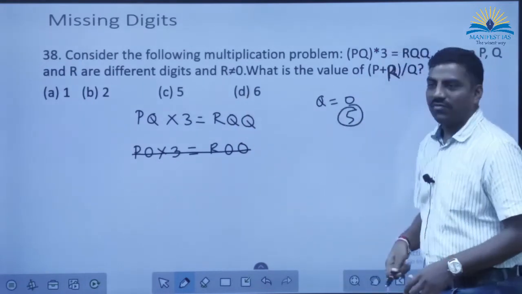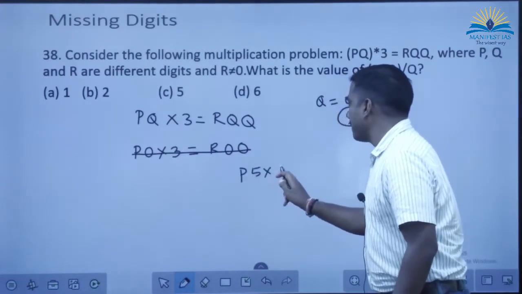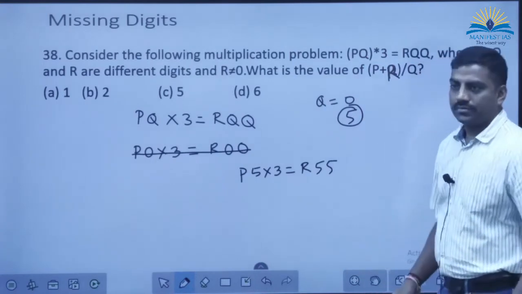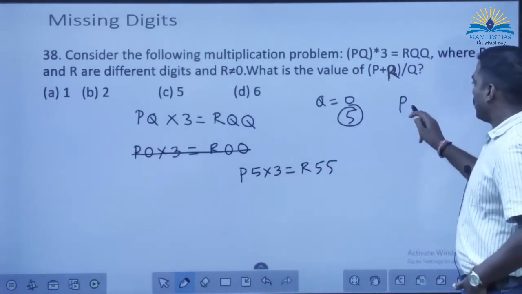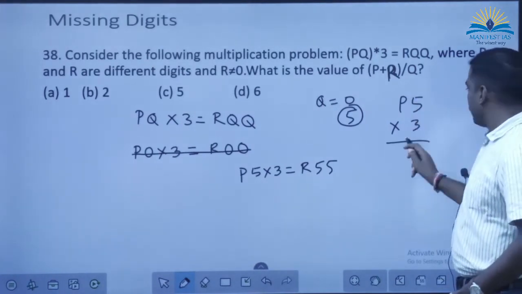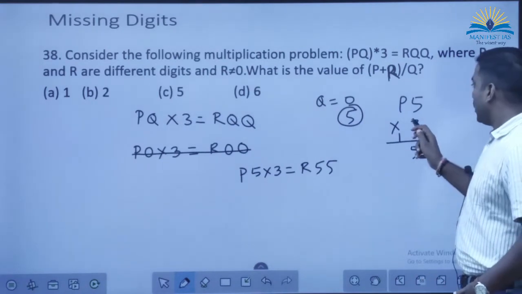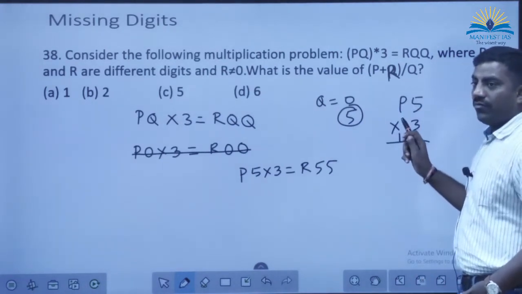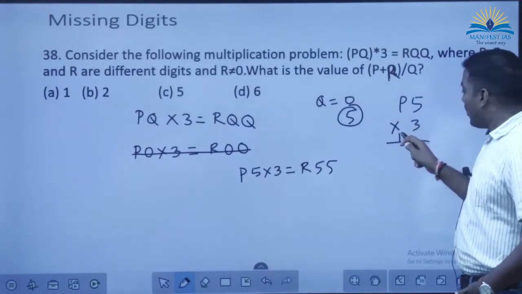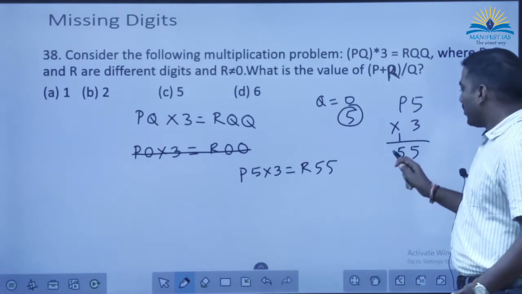Think of only now. P5 into 3 is equal to R55. So how do you solve? You write a number into 3. 3 5s are 15. Carry is 1. Think of P when it gets multiplied with 3, and when we add 1, it will have the end digit as 5.